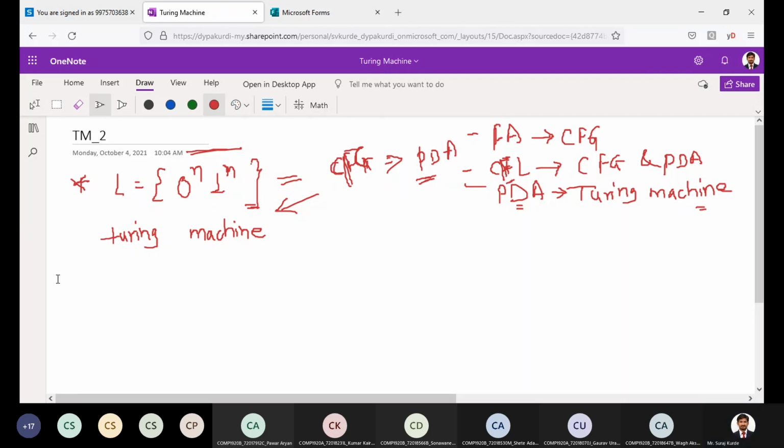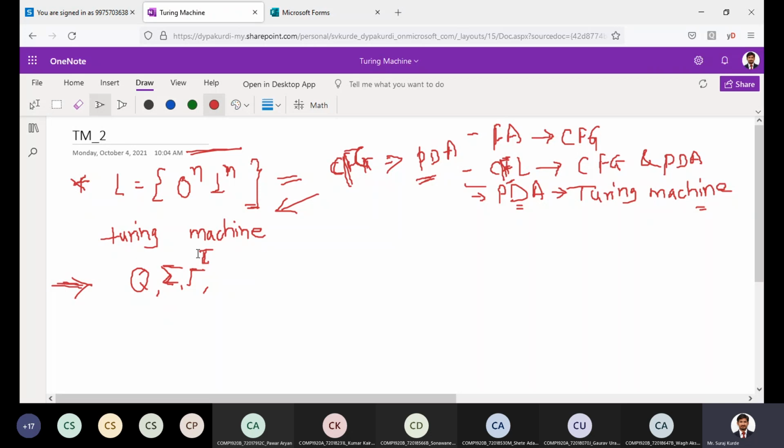Now, what is the Turing machine? Again, it is an automata with 7 tuples: states, some input, then, similar to the PDA where we had stack symbols, here we have tape symbols.